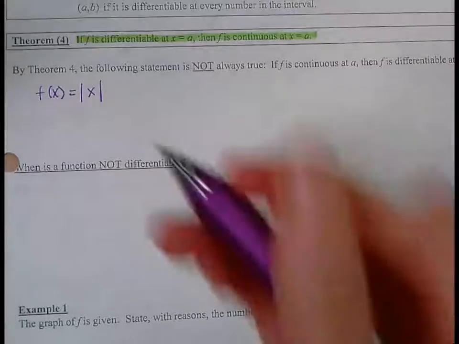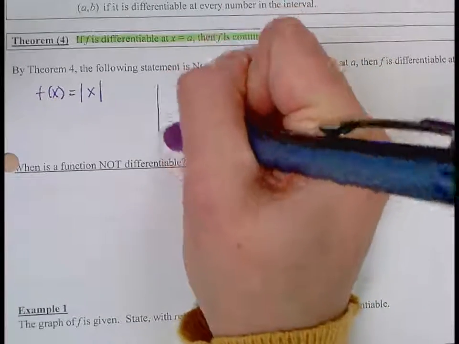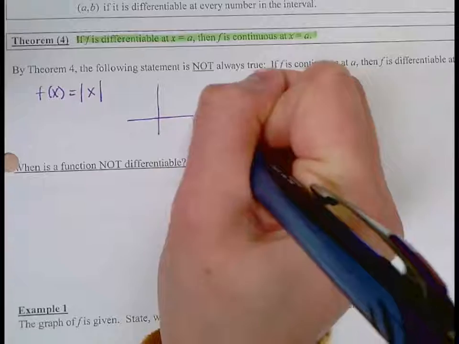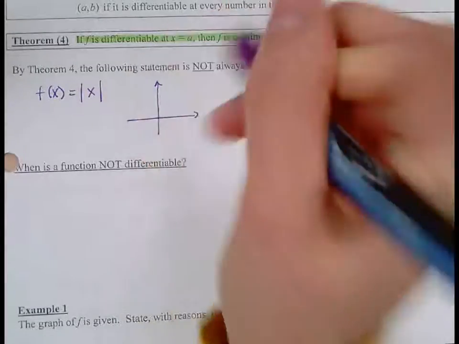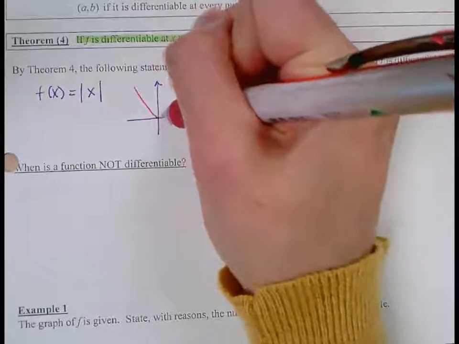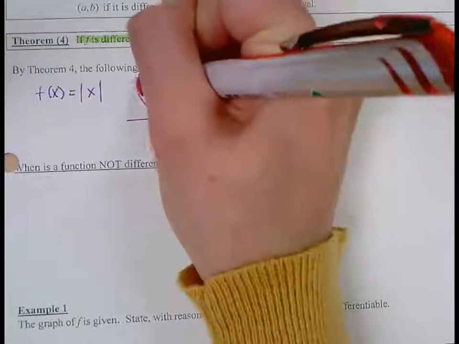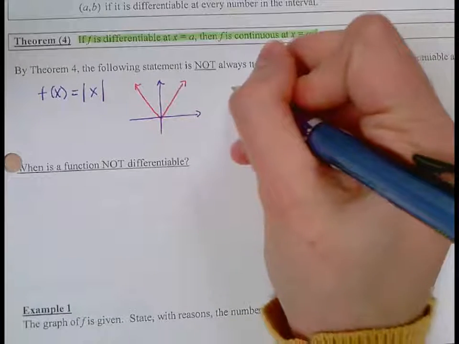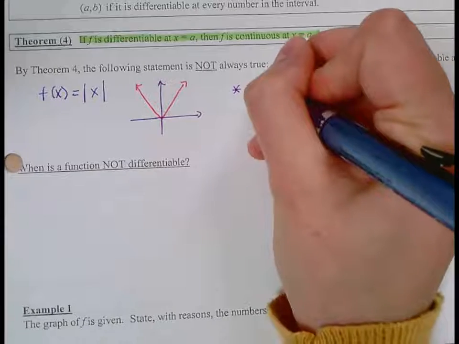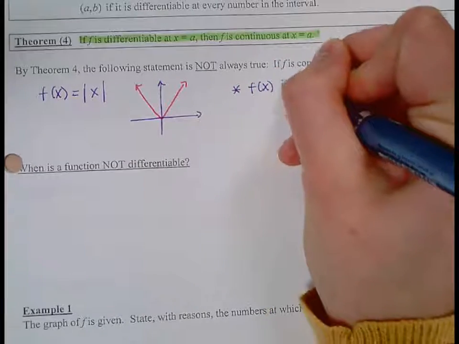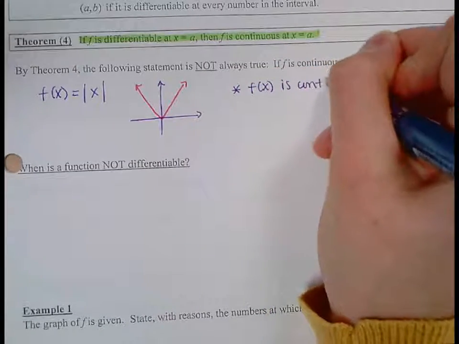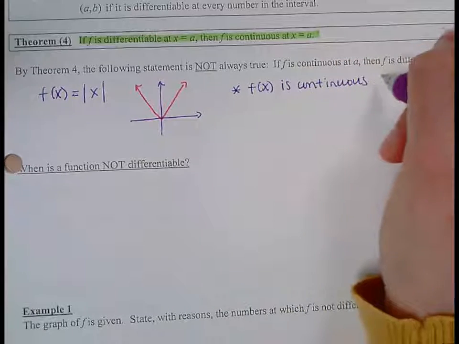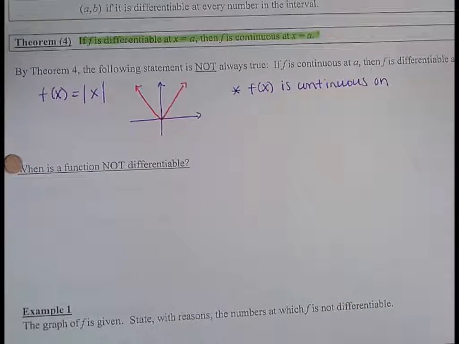And I'm going to explain this with the graph of this function. So we know this is a V with the vertex at the origin. So where is this function continuous?